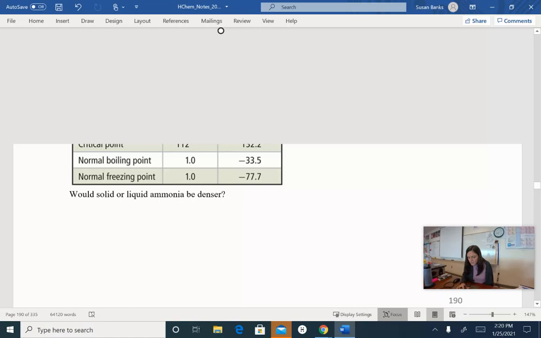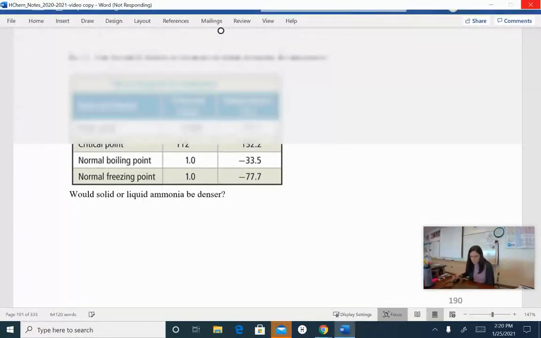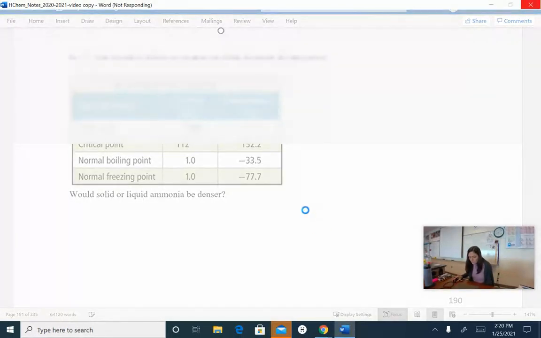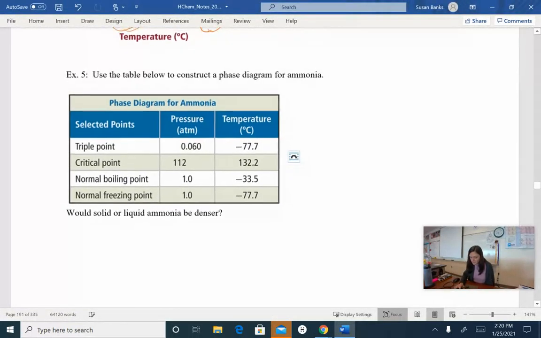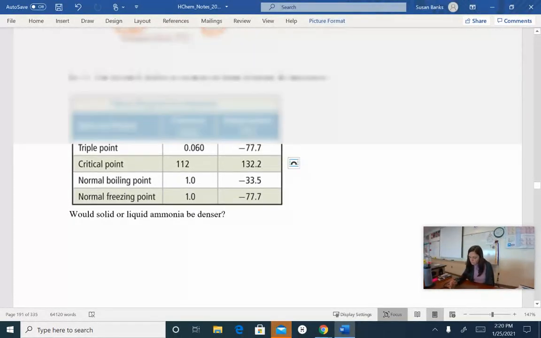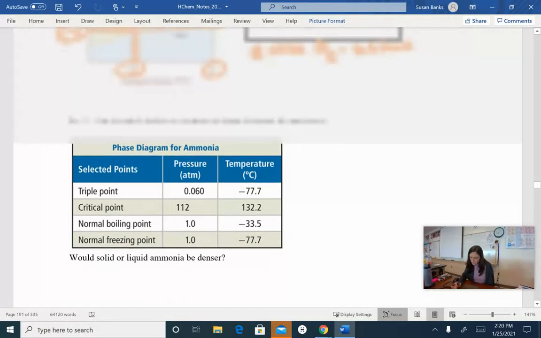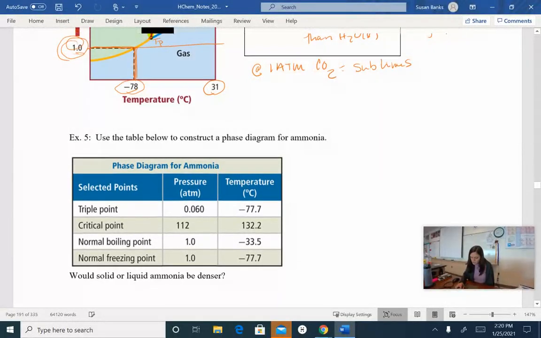We want to use the table below to create our own phase diagram. Okay, so it doesn't have to be perfect, and we're not going to draw anything super demanding. So we're going to use the triple point. Okay, so we are going to do this for ammonia here.